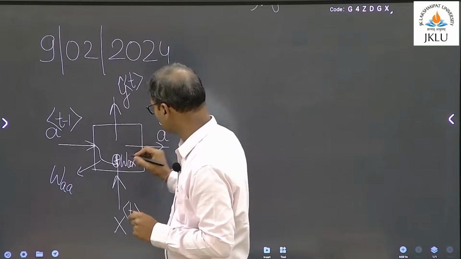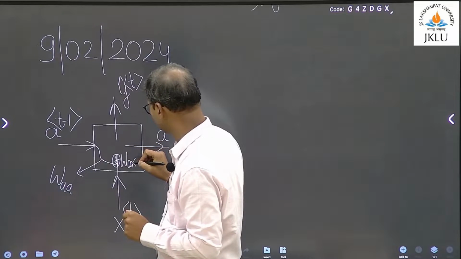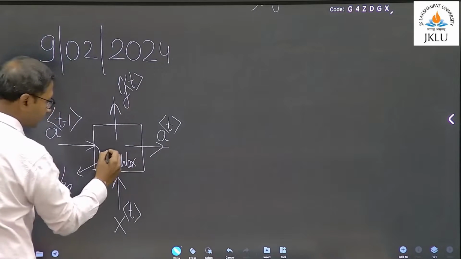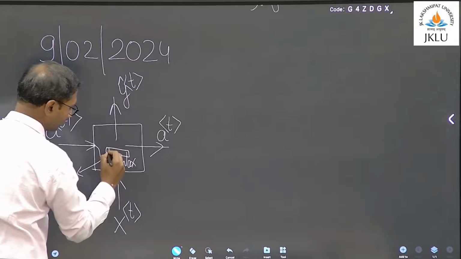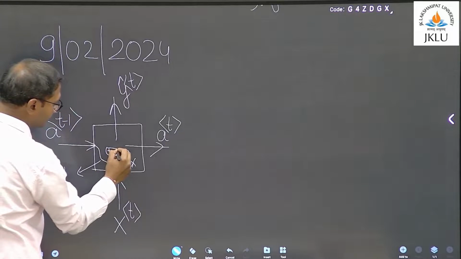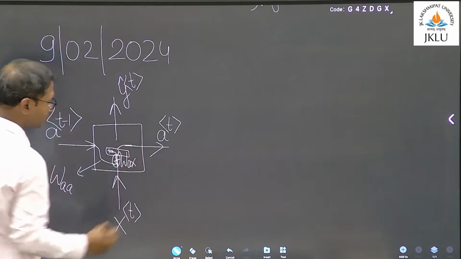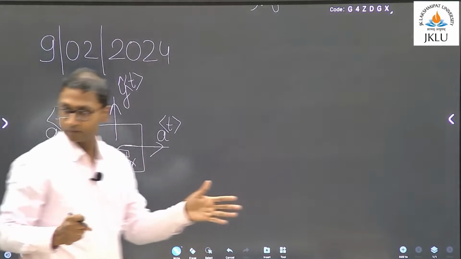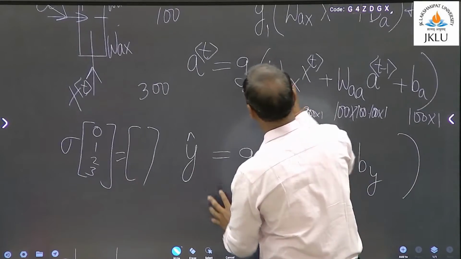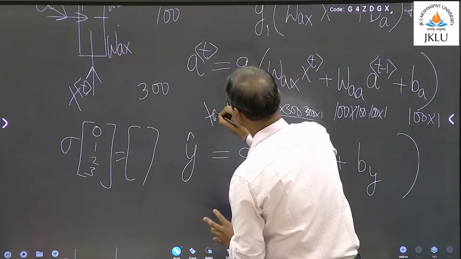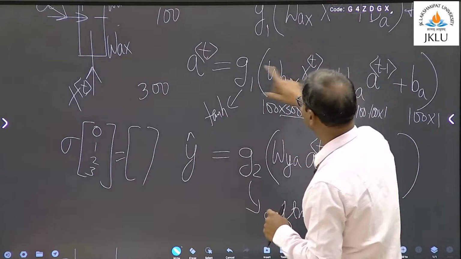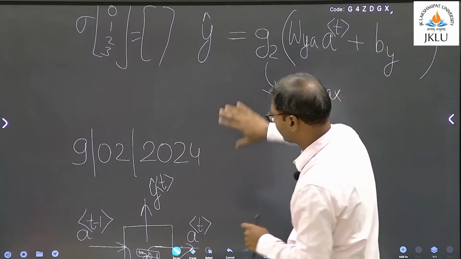This summation passes through a tanh, and on the right hand side it goes out as A_T. Why am I doing tanh? Because I am saying g1 is tanh, hyperbolic tangent.